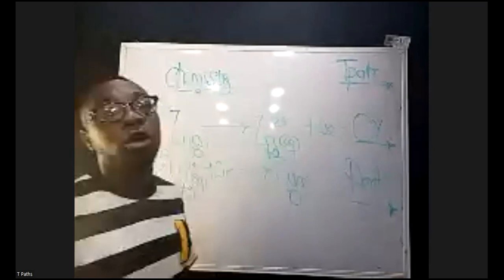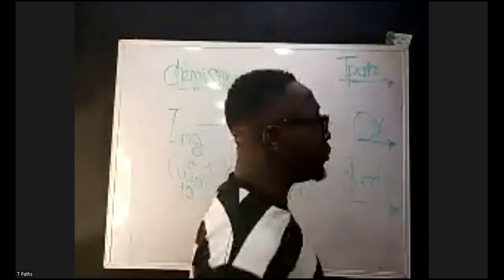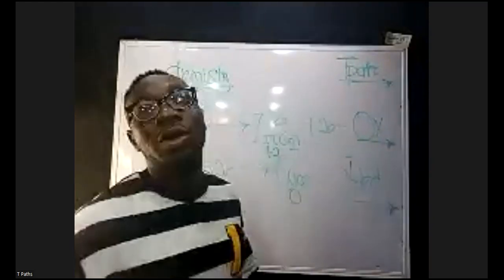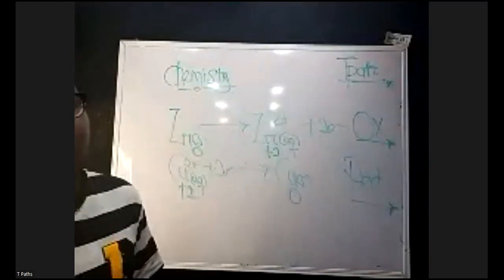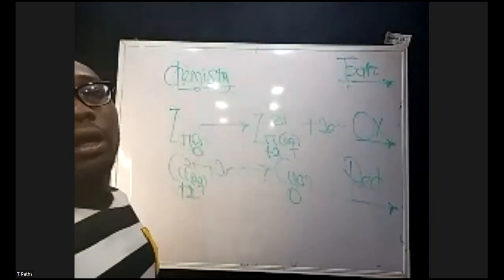And I want to take us through what we call oxidation number. One thing we need to know is that we should be able to determine the oxidation number of various elements.